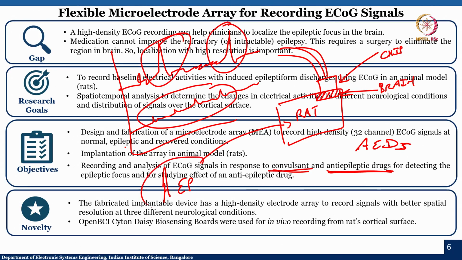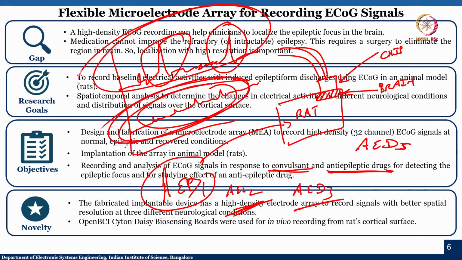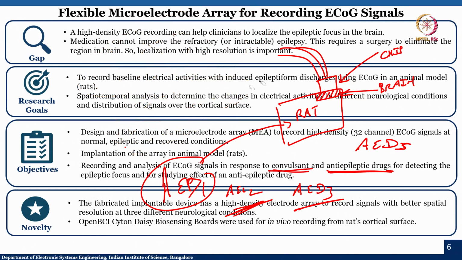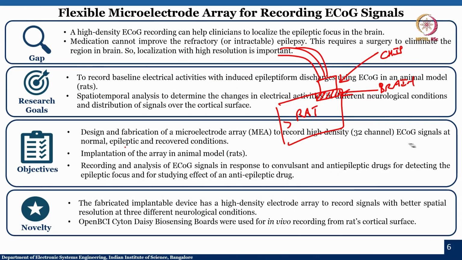That means the AED that you have given is effective. If you have AED 1, AED 2 and AED 3, then you can understand which AED is better to recover the baseline from the epileptic signal. So, you can test the efficacy of the anti-epileptic drugs depending on the EEG signals that you obtain with the help of the chip implanted in the rat's brain.